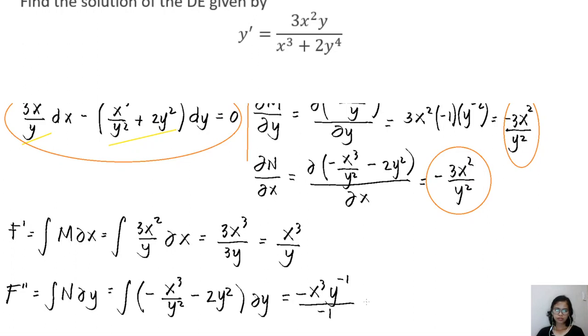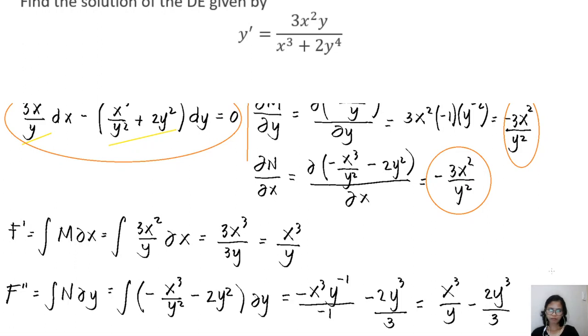Then minus the integral of 2y squared. That would be negative 2y cubed over 3. So simplifying, this term will become x cubed over y minus 2y cubed over 3.